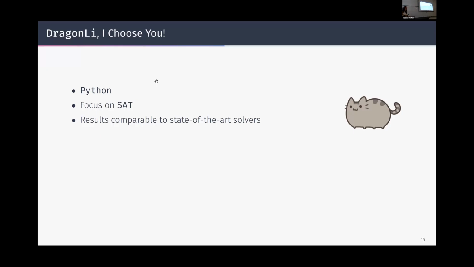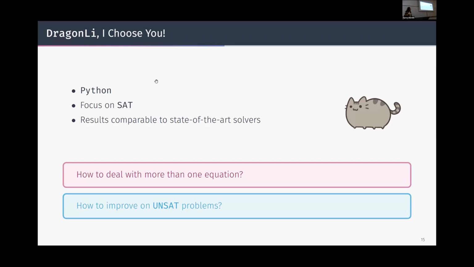The results are quite good, because it provides results comparable to state of the art solvers, which makes us very happy. After that, we tried to improve this in order to deal with multiple equations, so conjunctive word equations. We would also like to improve our solver on unsat problems.